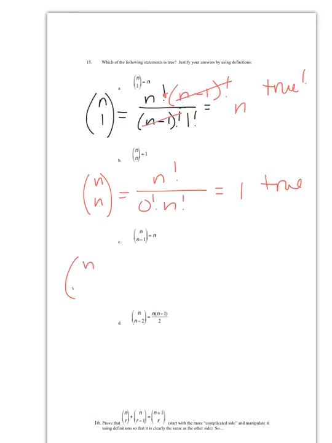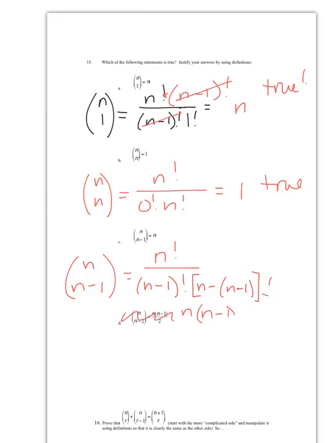If we take n choose n minus 1, this is n factorial over n minus 1 factorial times n minus 1 factorial. I'm going to rewrite the numerator n factorial as n times n minus 1 factorial.